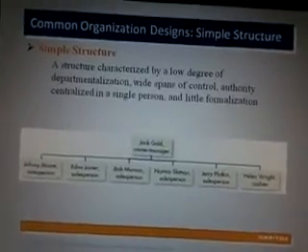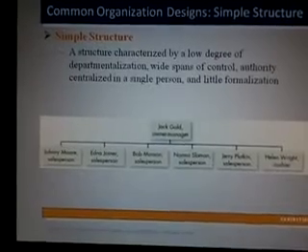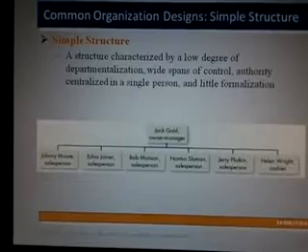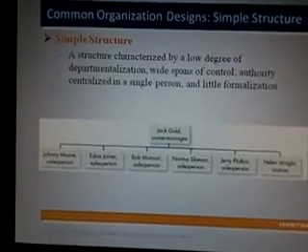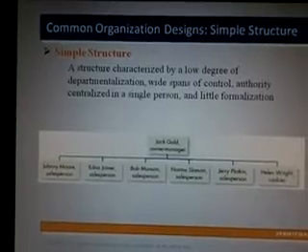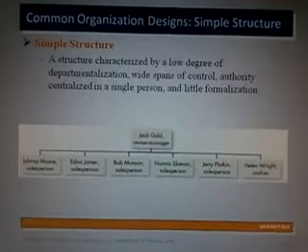Let's look at some common organizational designs here. This first one is a simple structure. There's a very wide span of control here, low degree of departmentalization, wide span of control. The authority is centralized in a single person, but there's little formalization. You see here, this is what we call a flat organization structure.